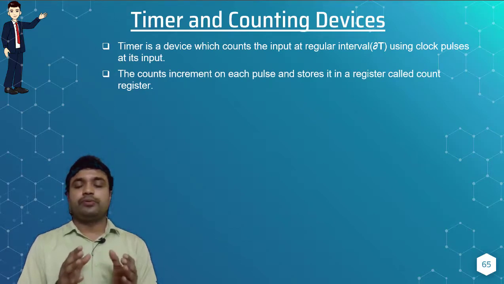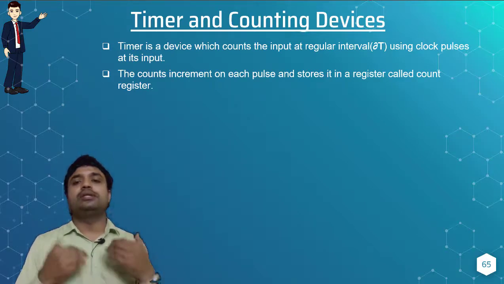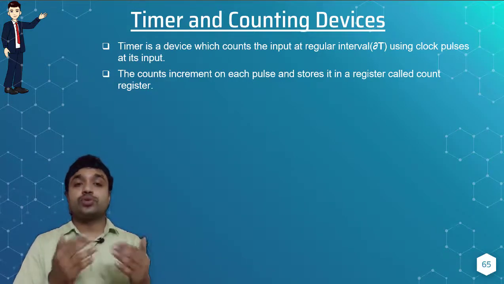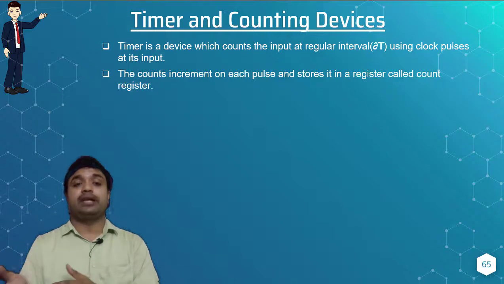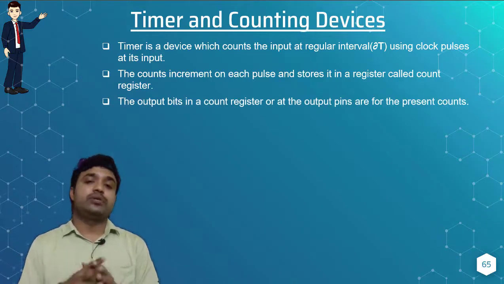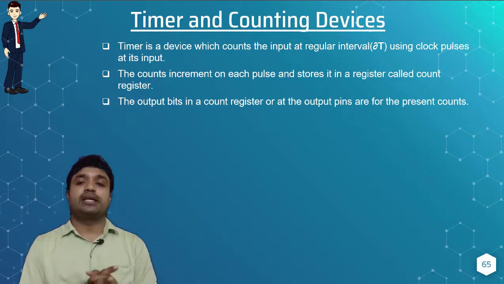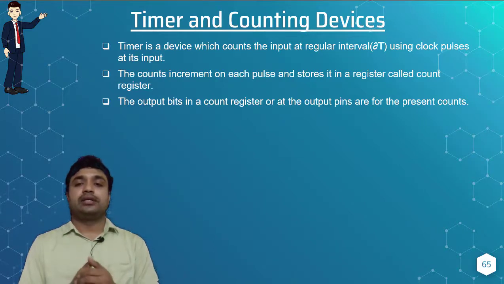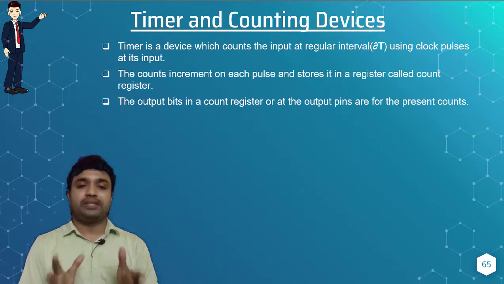Hope you got an idea. A timer counts the clock pulses, and accordingly the counter stores the timer's output values. The output bits in a count register, at the output pins of a counter, hold the value related to the present count.